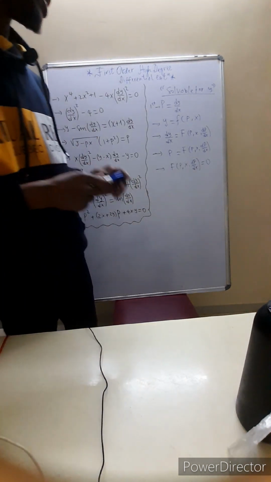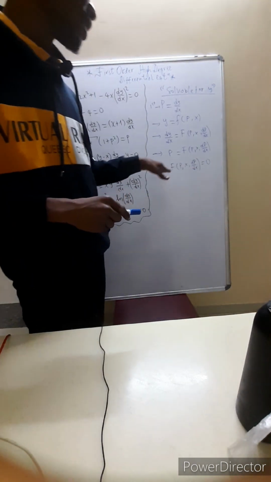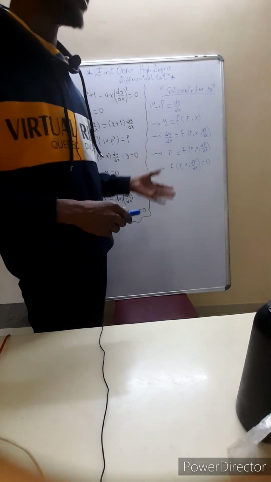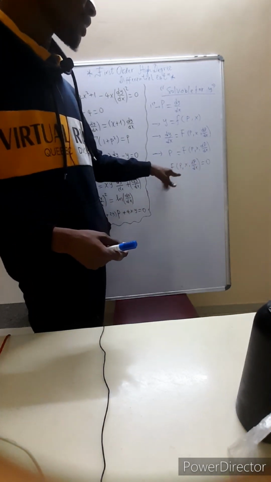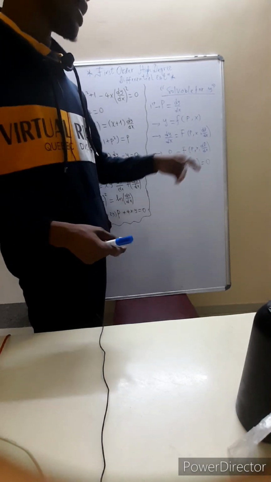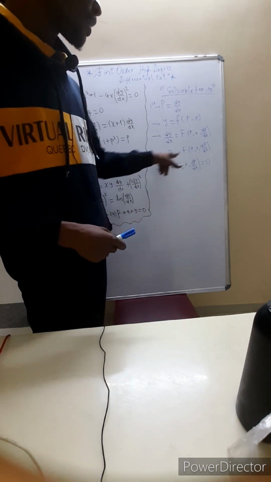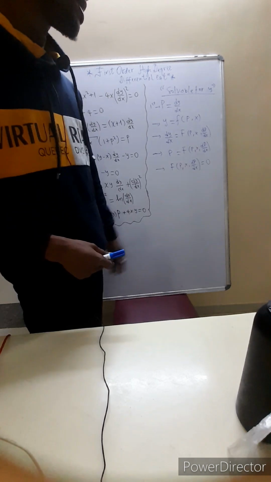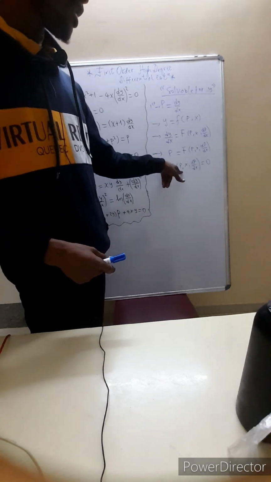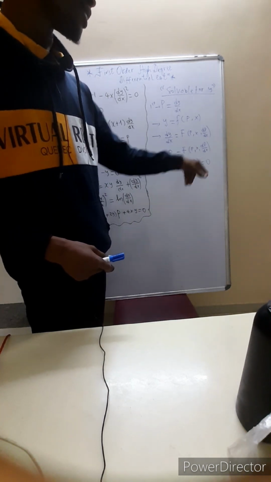As you can see, sometimes you do not need to go after this differential equation, because this is just a notation. If you substitute this one here, this will also be a function f of p, x, dp by dx equal to 0.